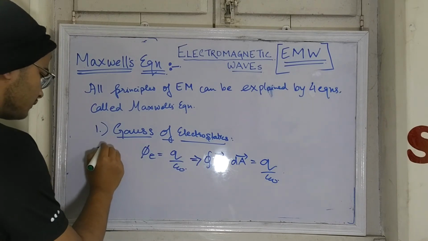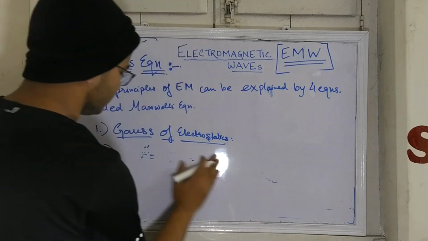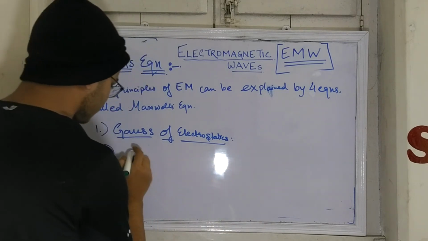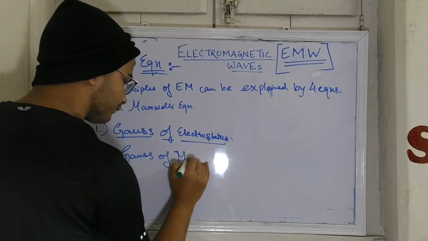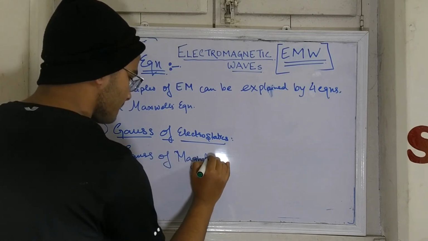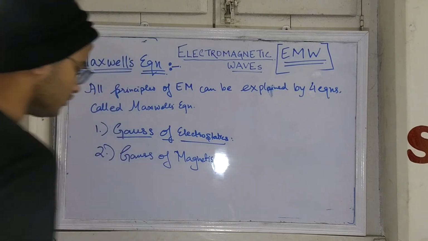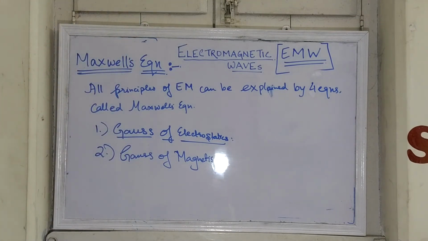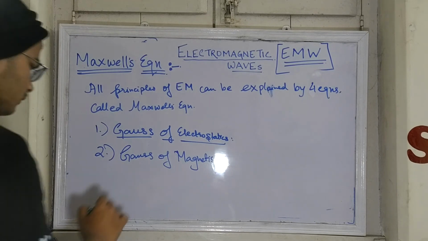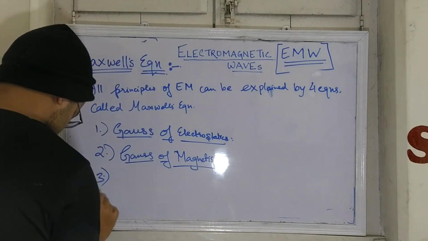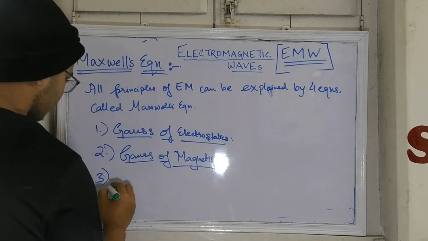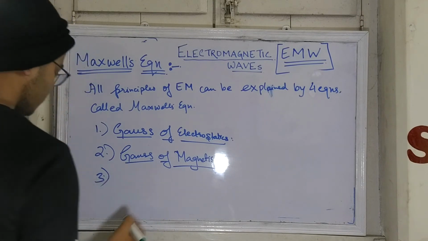The second one which comes is, I am writing this for the time being, Gauss law of magnetism. What does Gauss law of magnetism say? The net magnetic flux through a closed surface is 0. Okay. Now the next thing which comes is Faraday's law of electromagnetism, which is the main one from where the concept came.